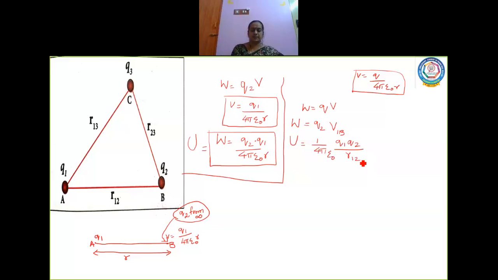Now I have written the potential energy between these two charges, which is at a distance of R12. First I bring this charge Q1 from infinity to A, no work done. Then I bring the charge Q2 from infinity, where the work is done against the electric field due to Q1. So the work done is energy, which is 1 by 4 pi epsilon naught Q1 Q2 by R12.